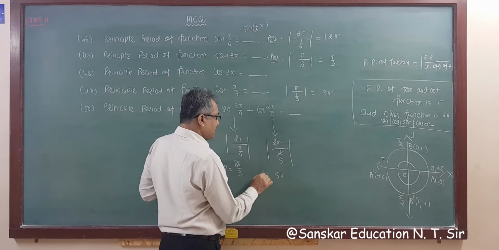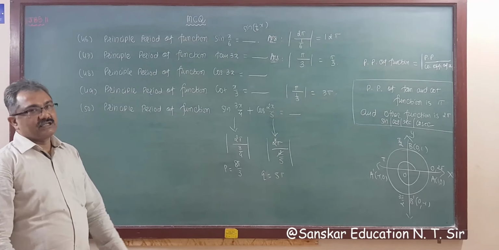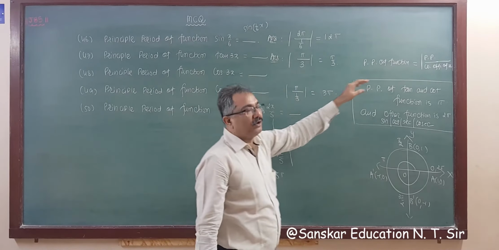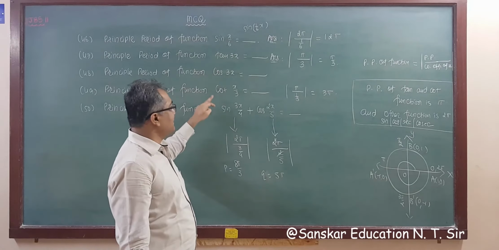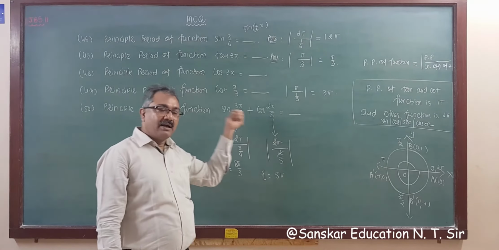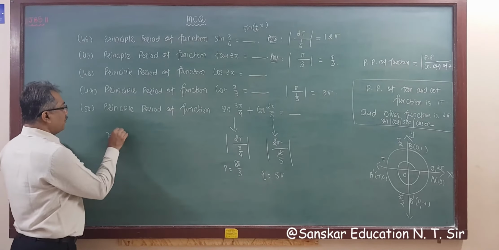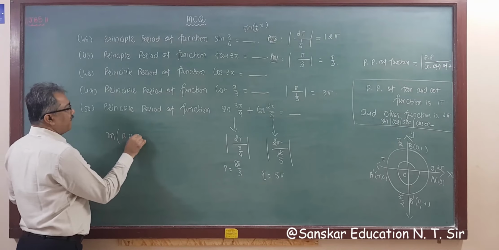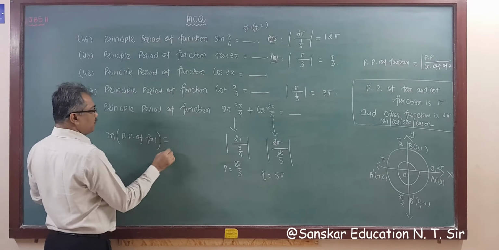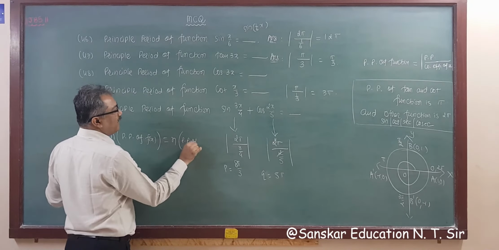So suppose we say that the principal period of this is q. Remember, this formula is for only one function given. If the sum of functions is given, then what you have to do is take some constant n into the principal period of f(x), equal to some constant m into the principal period of g(x), and that is equal to say k.